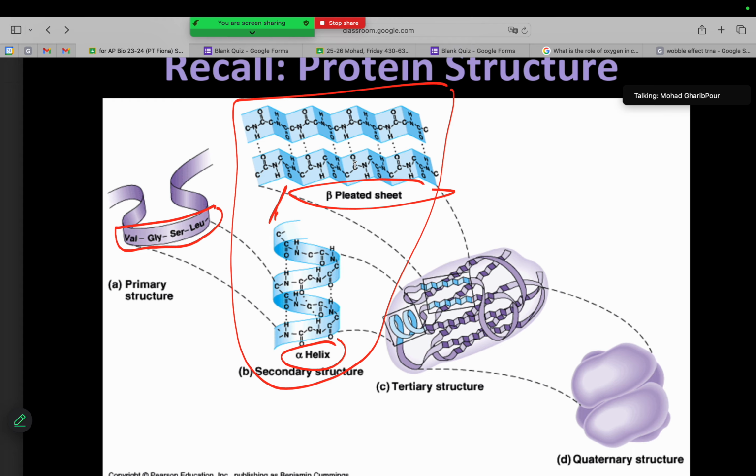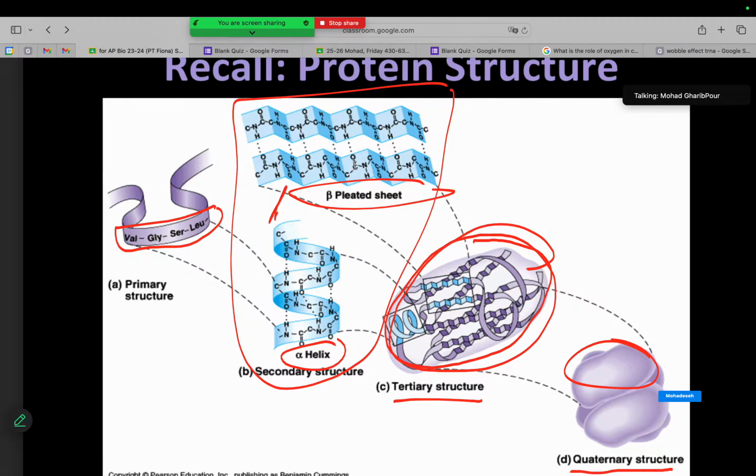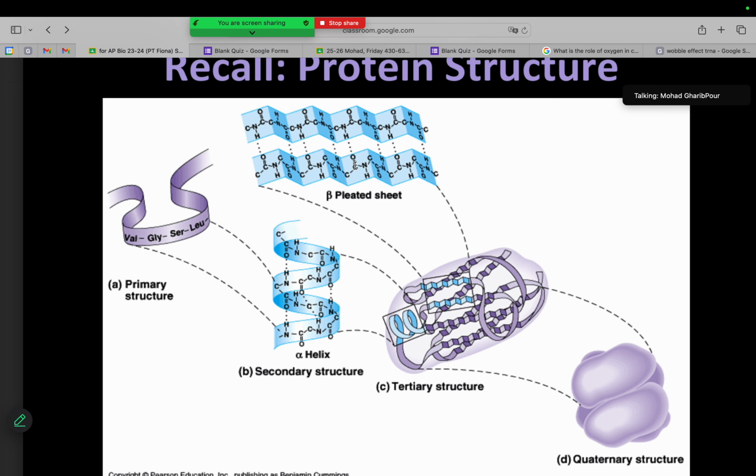And then you have the tertiary, where it's pretty much coiled up. All the hydrophobic aggregate next to each other, hydrophilic expose. And then the quaternary structure, you have multiple subunits. So you'll have this as one subunit, and then you'll have more subunits attached.